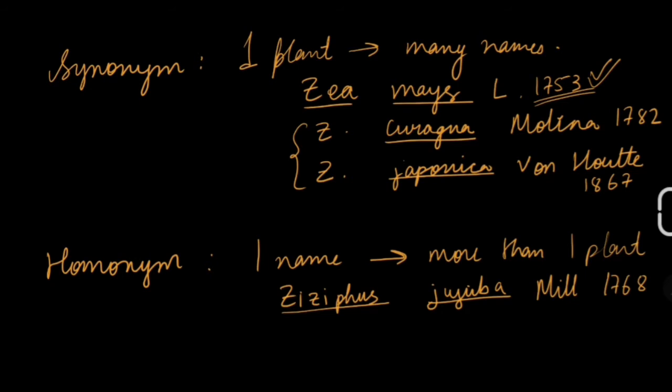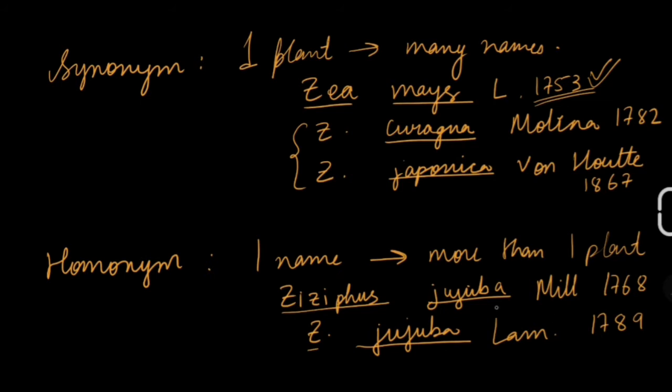Now another person, Lamarck, also named a related species as Ziziphus jujuba. This particular plant was actually different from the one that Miller named, by Lamarck in 1789. They later found out that it was a homonym.